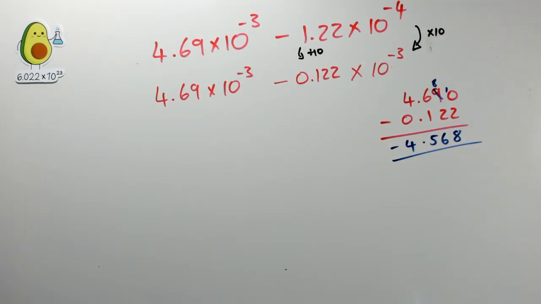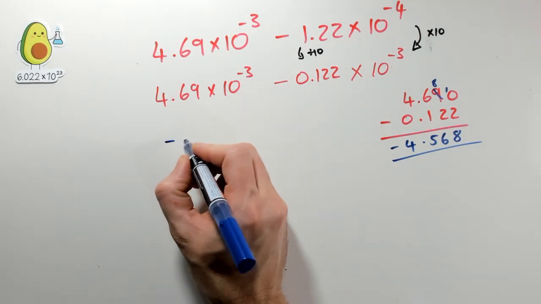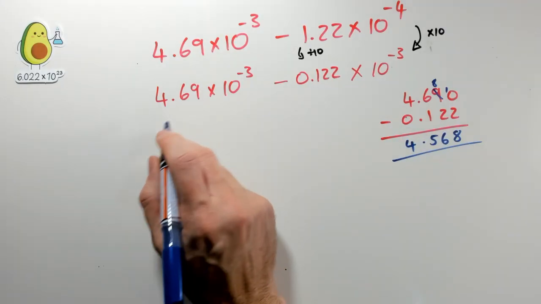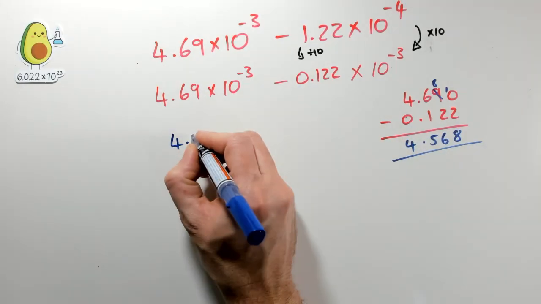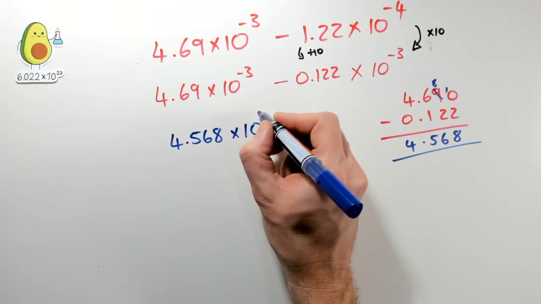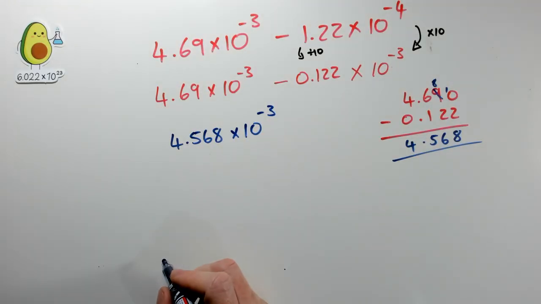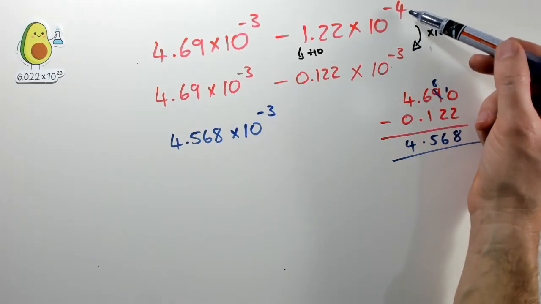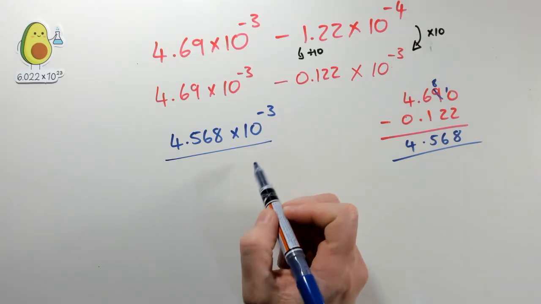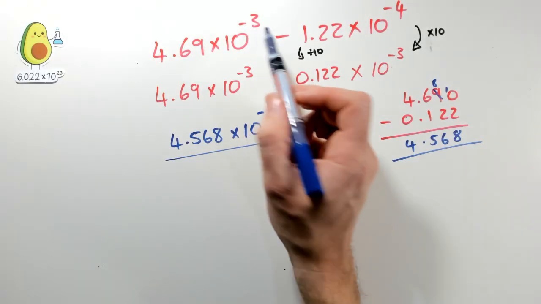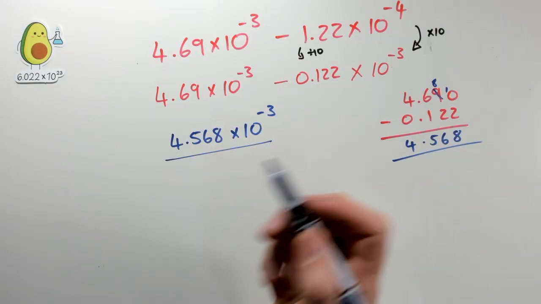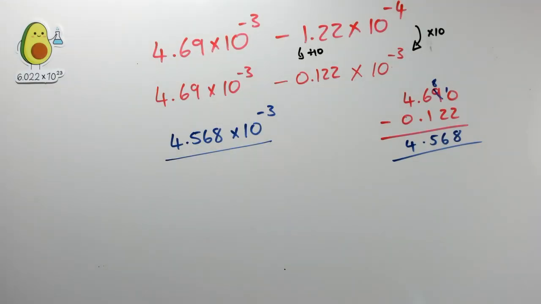Okay, so my final answer is 4.568 times 10 to the power of negative 3. Because I went to the bigger number, I already have my answer in standard form. If I went to the smaller number, I would have had something like 40.568, and then I'd have to convert that. Cool, so that's that.